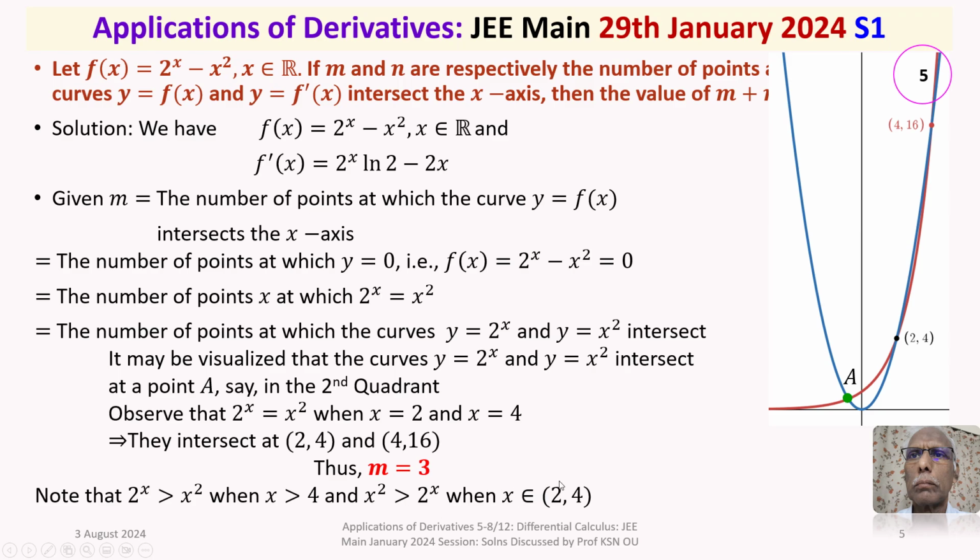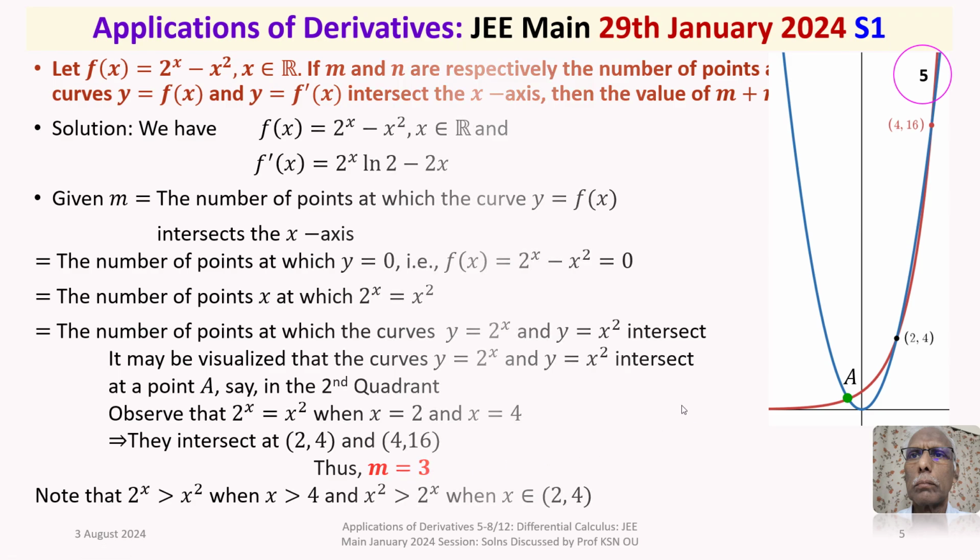So that means here they meet, and there will be some distance between them, and again they meet. So in between 2 to 4 there is no point of intersection, and on this side there are no points of intersection other than A. So you can argue that there will be just 3 only.